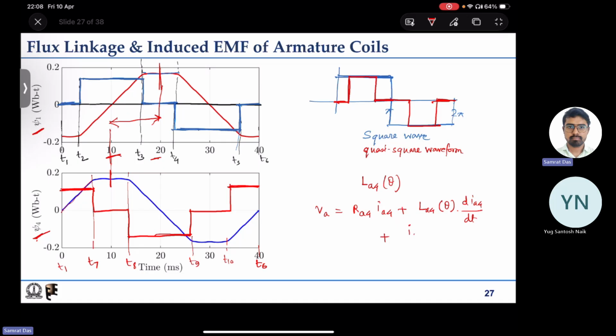So you will also have to put IA4 into dou LA4 as it varies with rotor position multiplied by omega.